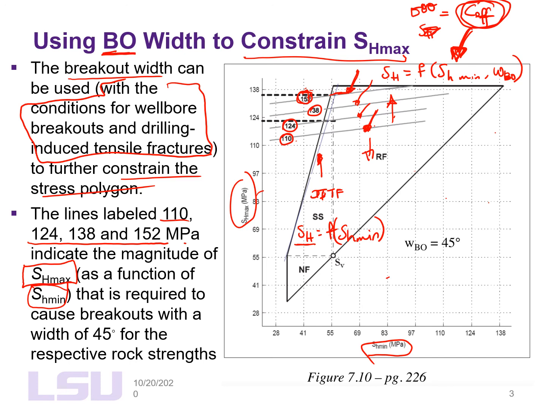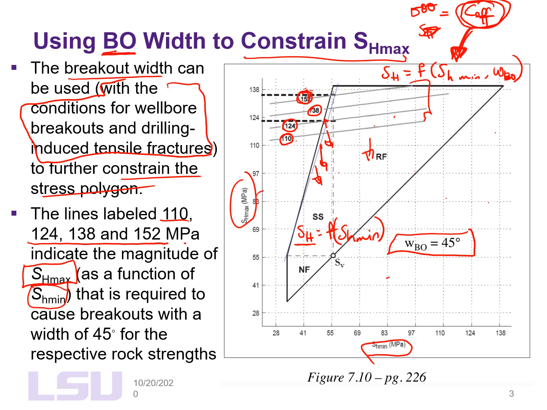And in these lines, we have assumed that the breakout angle is 45 degrees. And like I said before, extremely important to know that if you don't observe drilling-induced tensile fractures, then you will be below this line. If you do observe, you will be above the line but still within the stress polygon.